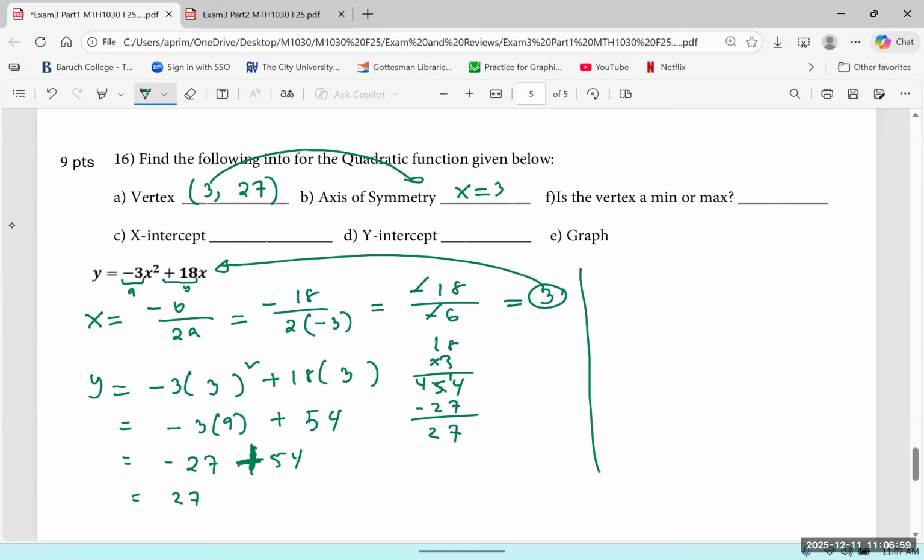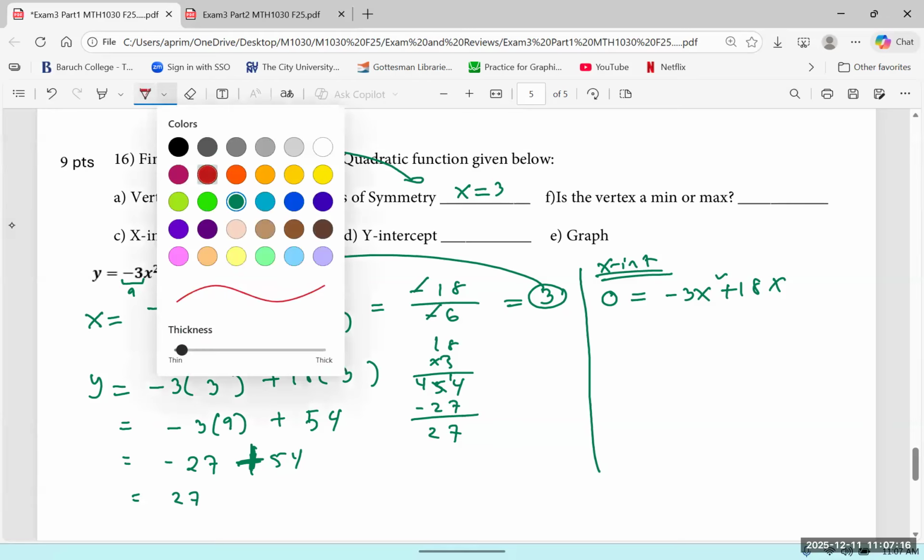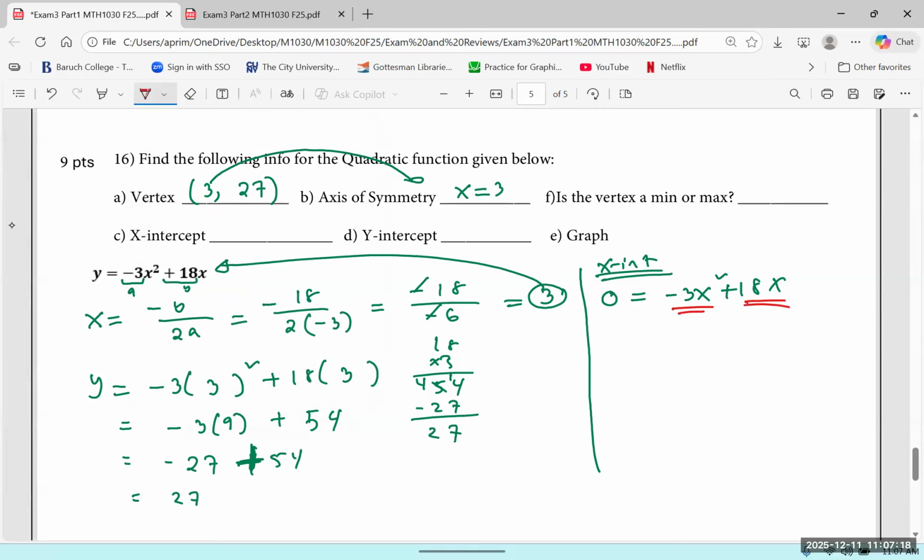Now for the x-intercept, we don't want to see the y. So we set the y to be 0. So y is 0, and then we have negative 3x squared plus 18x. And remember, I said, anytime you have two terms, you have only two choices to solve.